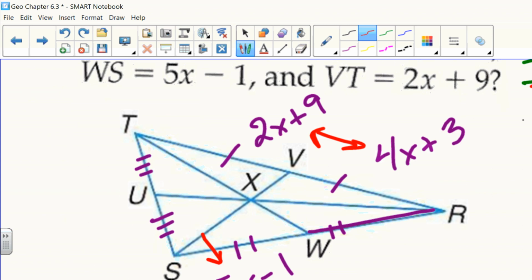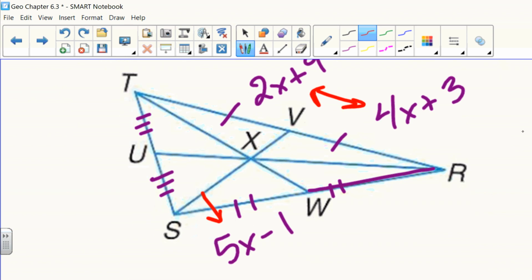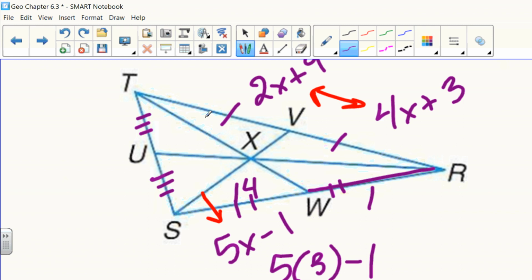Now at this point here, we can plug it back in. So 5 times 3 minus 1. Well, 5 times 3 is 15, minus 1 is. So the length of this line is, so WR has to be 14, because those two segments are congruent.